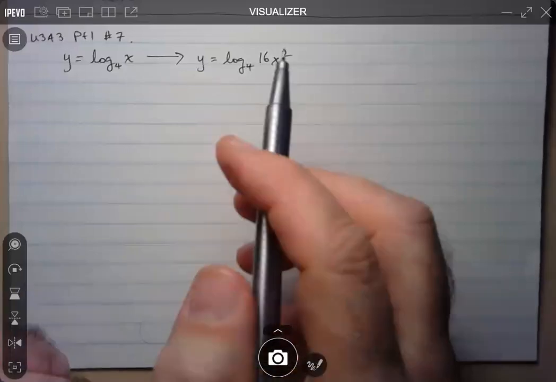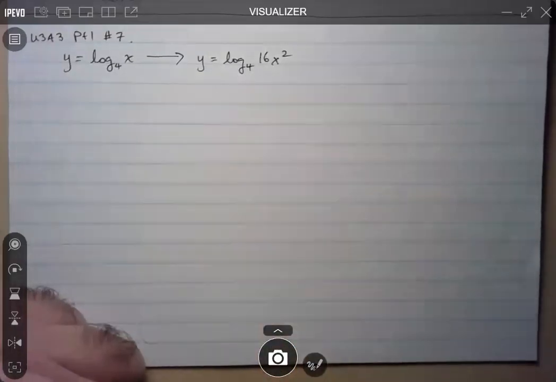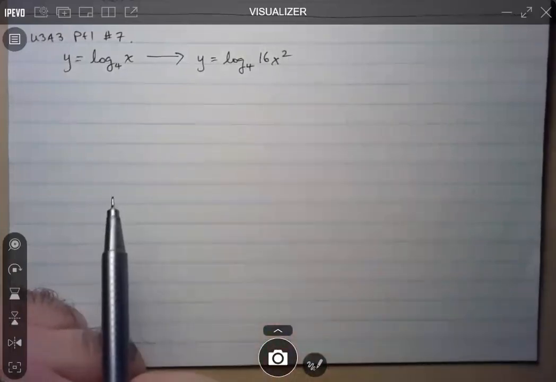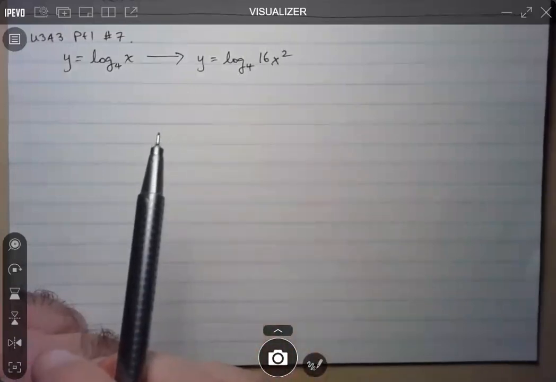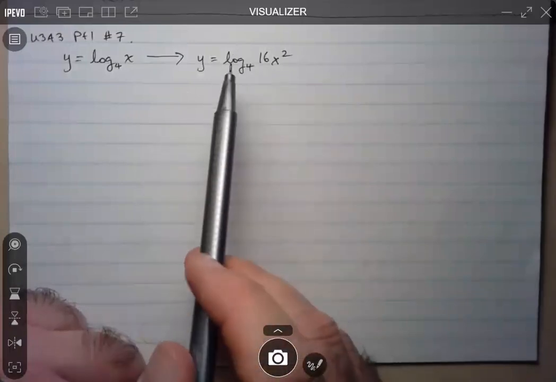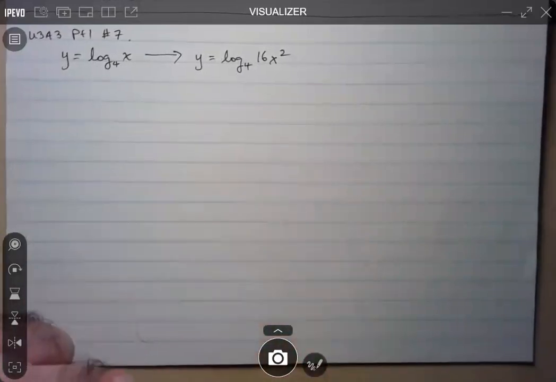So when I look at this in terms of transformations, I see an issue, because there's no transformation that relates to taking powers of the variable, whether it's the y or the x. So as it stands, I cannot describe this as a set of transformations.